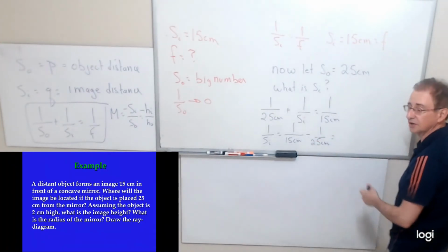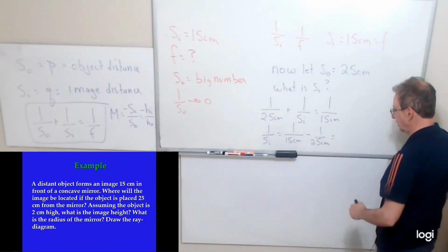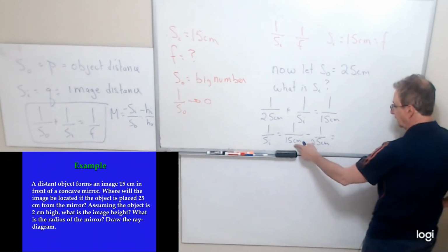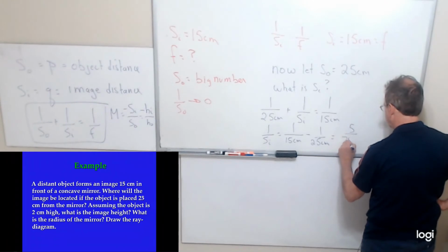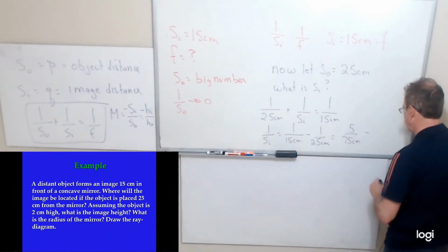This is easy to do in your calculator, but if you're not doing it on your calculator, you've got to get a common denominator. And I can see the common denominator is 75, because 15 times 5 is 75 and 3 times 25 is 75.